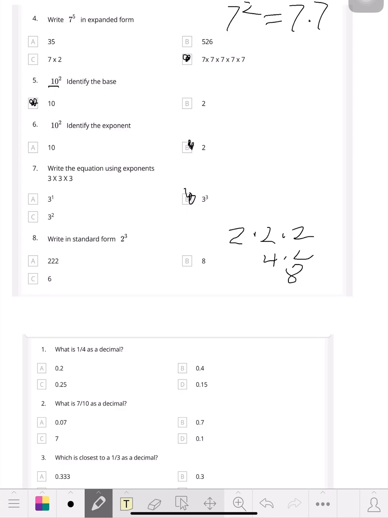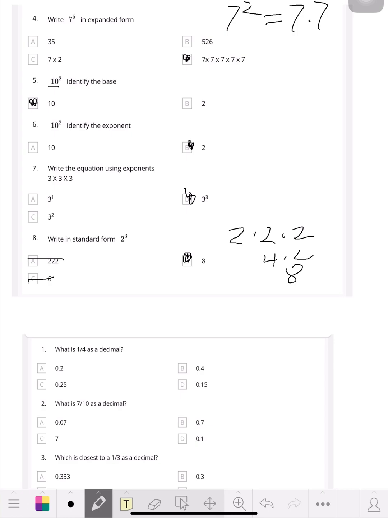There it is right there. Look, 8 is right there. But if you didn't even know what standard form was or how to get it, your quick math tells you it's not going to be 2, 2, 2. That's not what it's going to be. And it's not going to be 2 times 3. So it's not going to be that one. So you're left with 8. That was going to be your educated guess anyway.